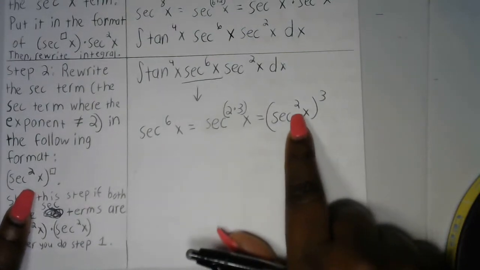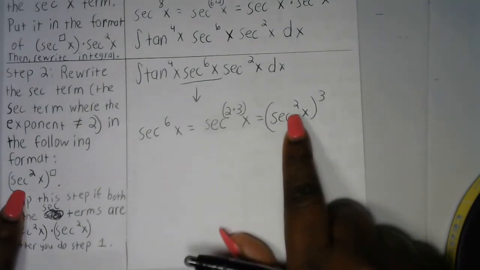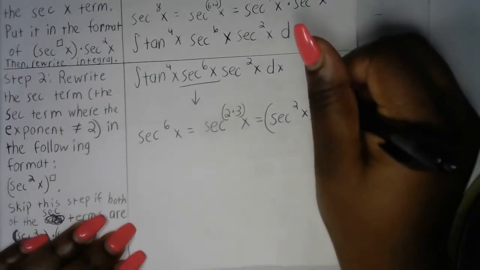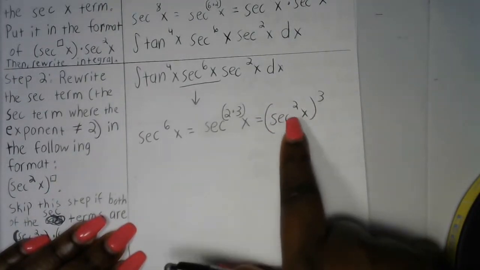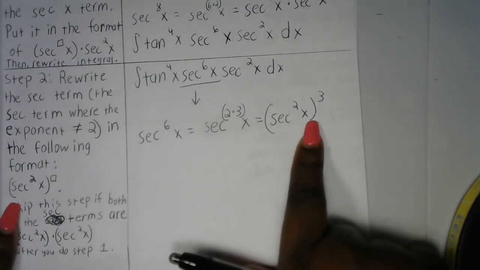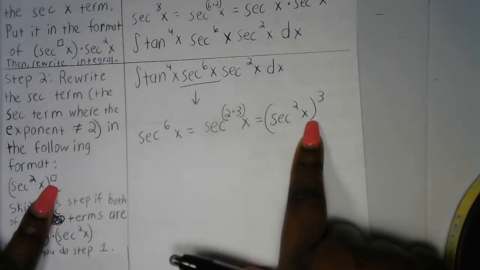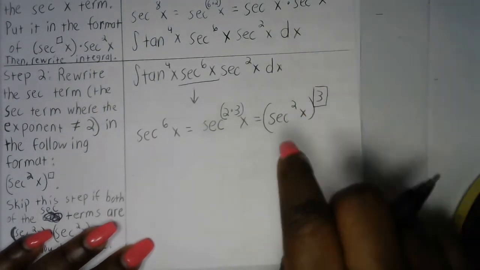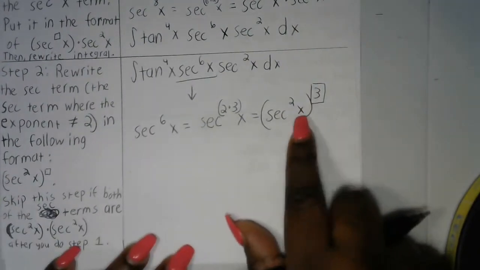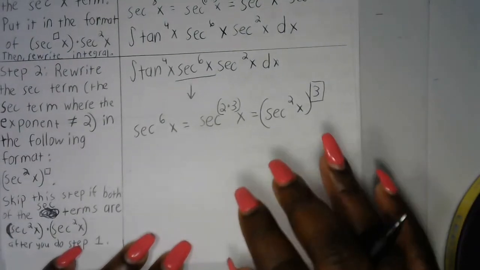Secant x squared to the power of 3 matches the format of secant x squared to the power of something. Sorry, I said secant x2, I meant secant x squared. That matches this format, secant x squared to the power of something. As you can see, the something, the box, is 3. So secant x squared to the power of 3 is equal to secant x to the 6th.